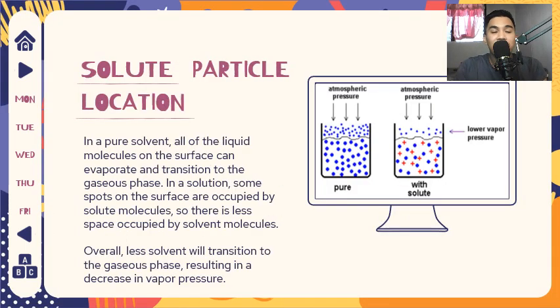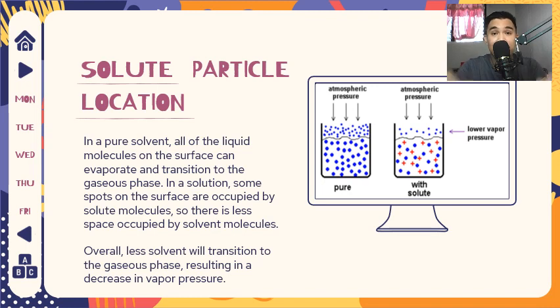So let's now talk about the solute particle location. What is its function or role in terms of lowering the vapor pressure? So in a pure solvent, all of the liquid molecules on the surface can evaporate and transition to the gaseous phase. In a solution, some spots on the surface are occupied by solute molecules. So there is less space occupied by solvent molecules.